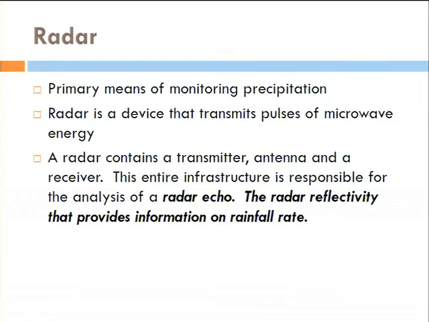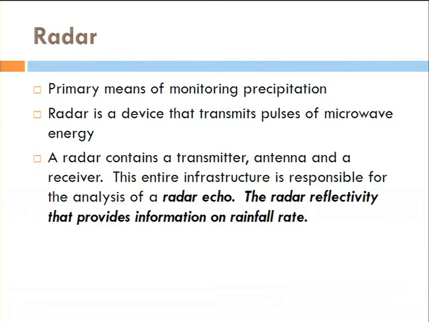Now, in terms of monitoring precipitation, the primary method that we have to do that is radar imagery. All right? So radars actually transmit microwave radiation.